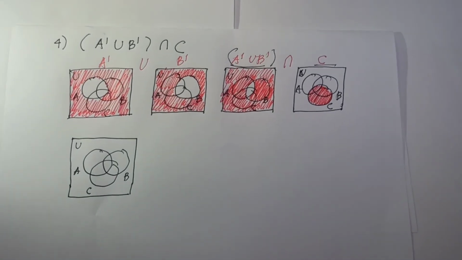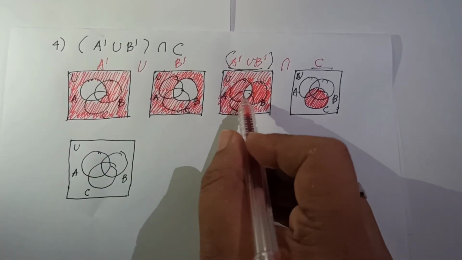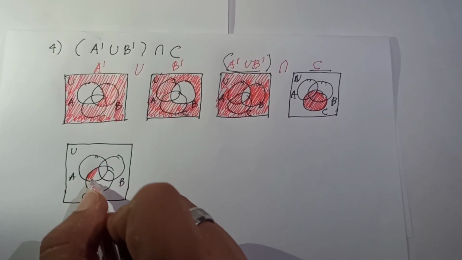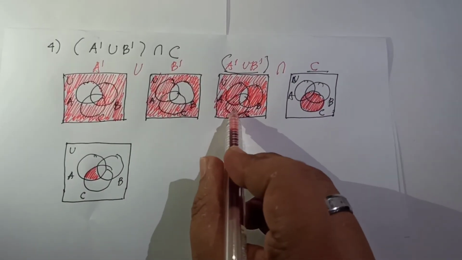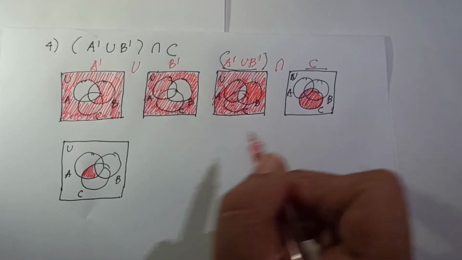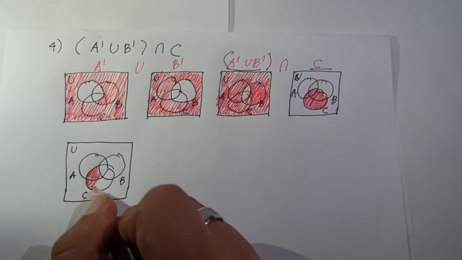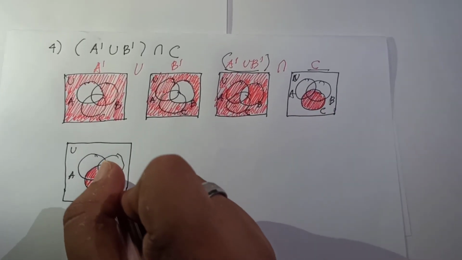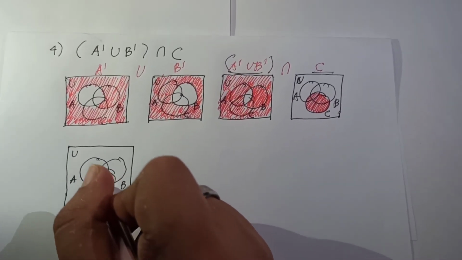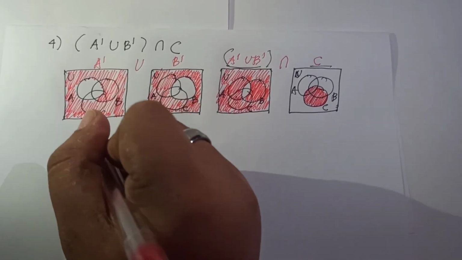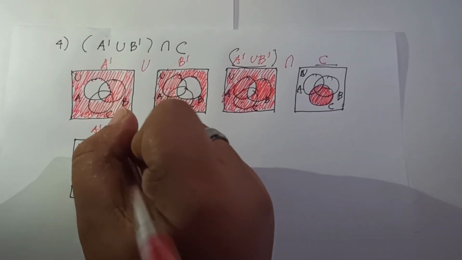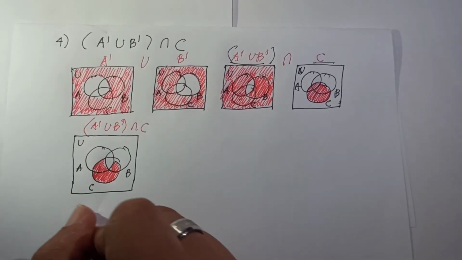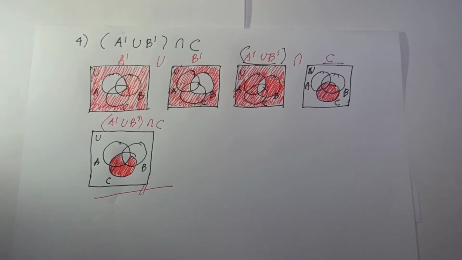So here, copy, same. And this part also, we have here, same. There is also here, same. So therefore, this is A prime union of B prime intersection of C. So this is the result.